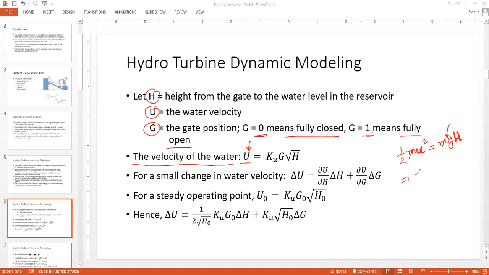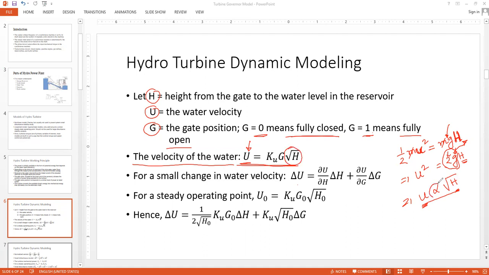And U squared is twice gH. So that means U is proportional to the square root of H, because 2 and g are constants. So we have taken them into a proportionality constant, and then H would be left. So U is proportional to the square root of H. This is the first relation that is required to establish this relation over here. We have U proportional to square root of H. So this relation is covered.